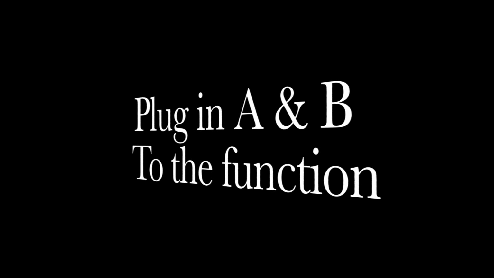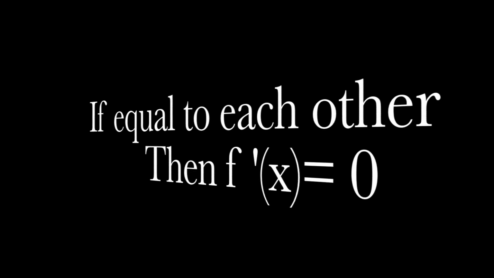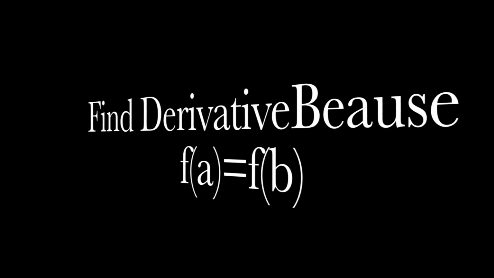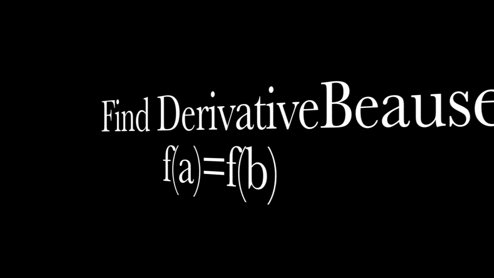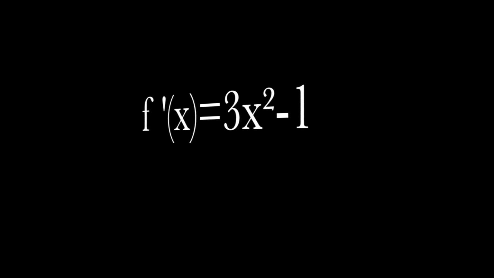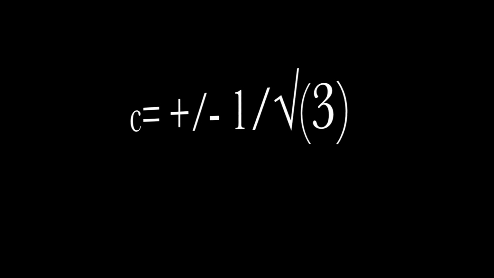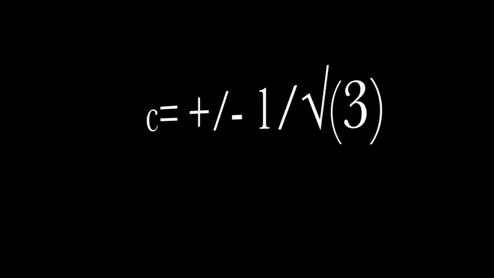Lastly, you will plug in a and b into the function, and if they are equal to each other, then there is at least one value where the derivative of the function equals 0. So that means you now have to find the derivative, because both f of a and f of b equal 0. The derivative of the function is 3x squared minus 1. When you set it equal to 0, you should find that c equals positive or negative 1 over the square root of 3.